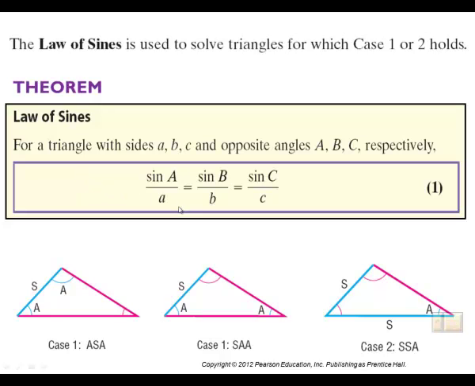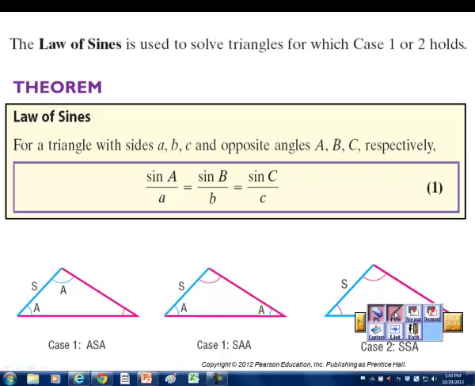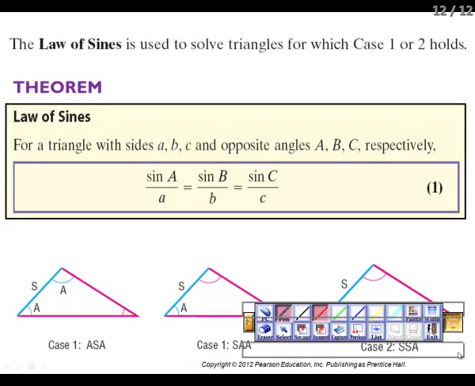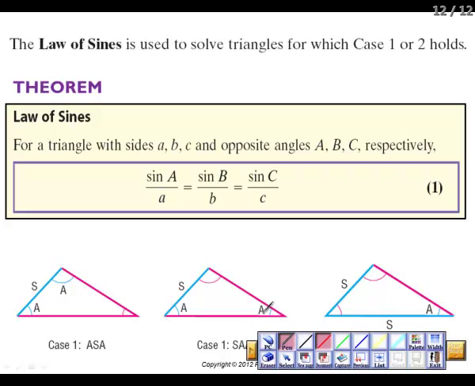And the difference is, with the law of sines, you have to have an angle and a corresponding opposite side to that angle. So here we have an angle and its opposite side.